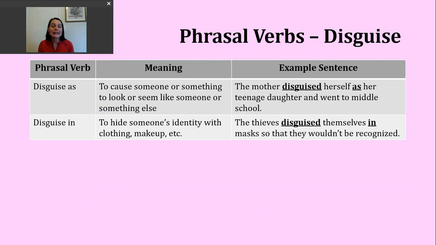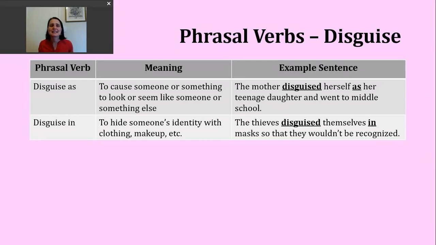The first that you might encounter is to disguise as. This means to cause someone or something to look or seem like another person or another thing. Let's take a look at an example sentence. The mother disguised herself as her teenage daughter and went to middle school.